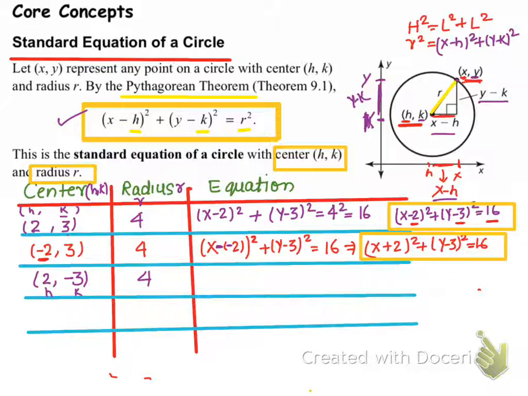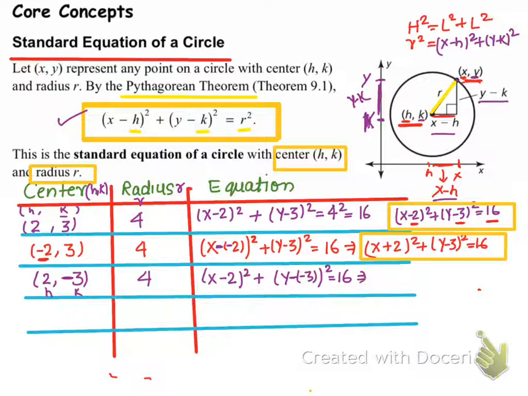K is negative, so when I plug it in, I have to be super careful. My x minus 2 is the same thing, but when I do y minus k, that's going to be y, and minus minus 3, whole square, and again 4 square, I'm keeping the same radius so I don't have to show the work again. So that's 16.